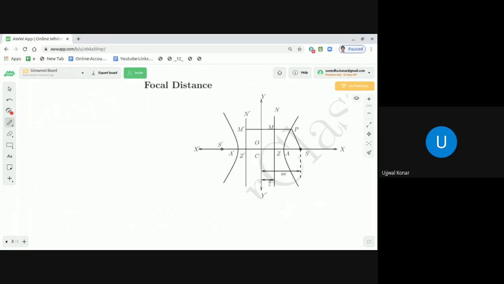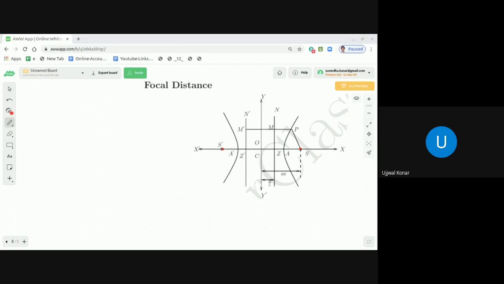As you see, this is the standard representation of a standard equation of a hyperbola and its different attributes like the foci, as you see in these 2 points, then the directrices, the lines NZ and NZ, and you see the transverse axis, conjugate axis, the center of the hyperbola, and the eccentricity e.